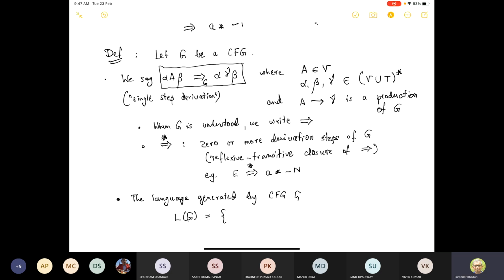This is simply the set of all strings over the terminal symbols.